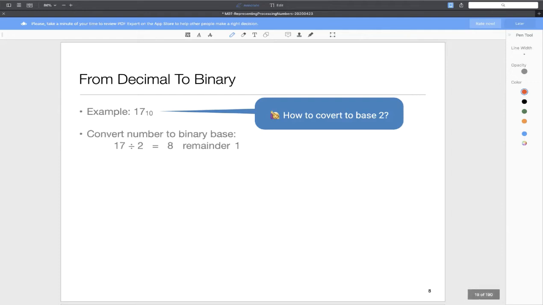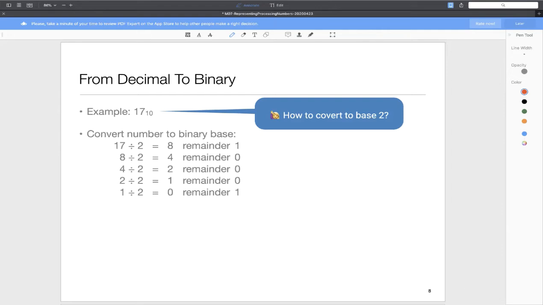So the strategy is this: 17 divided by 2 is 8, remainder 1; 8 divided by 2 is 4, remainder 0; 2, remainder 0; 1, remainder 0; and finally 0, remainder 1. And that's when I get our number 10001 from MSB to LSB.